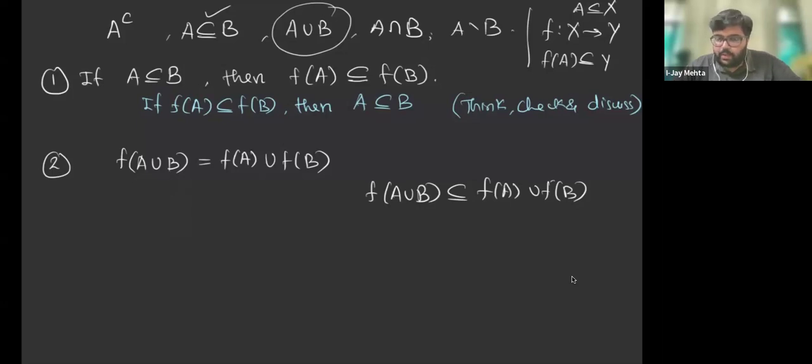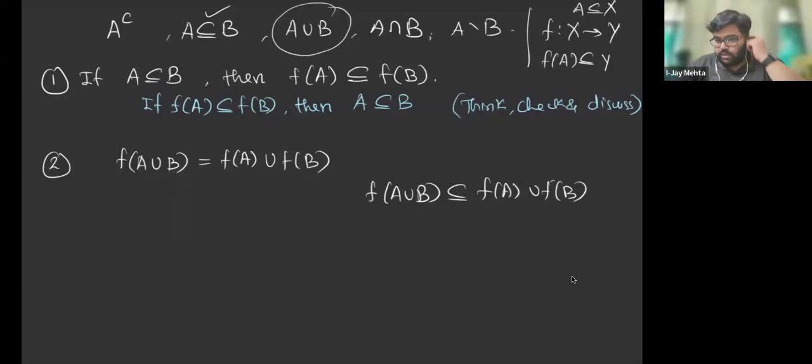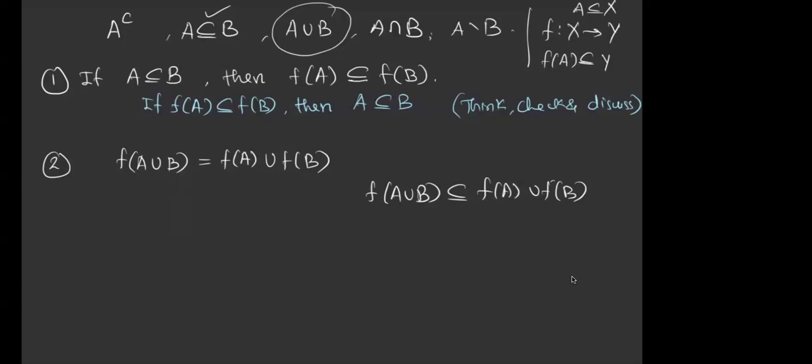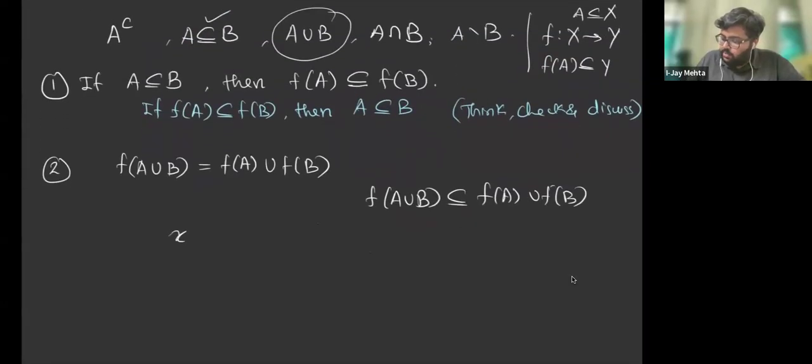Sumanyu? Sir, we will take any arbitrary element in F of A union B and show it is a part of F of A union F of B. Yeah. So can you give a notation for some element? Say that x belongs to F of A union B.